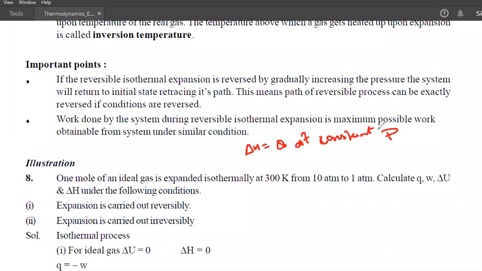Try to solve this problem, everyone. Till everyone joins, just try to solve this problem.